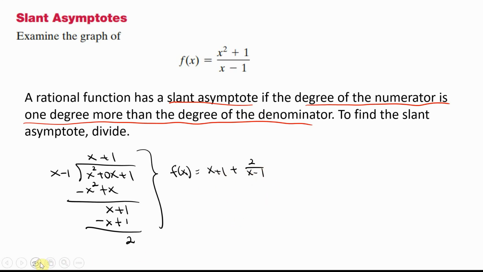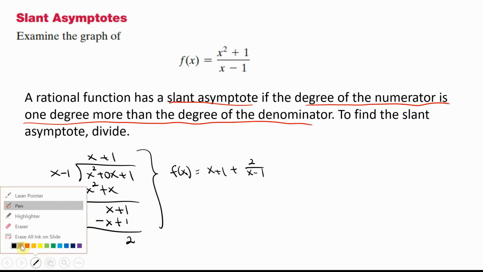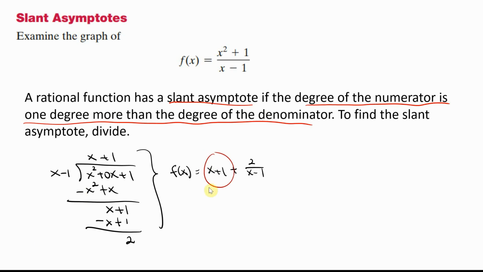So that term there is always the slant asymptote. Okay, so that's what that is.